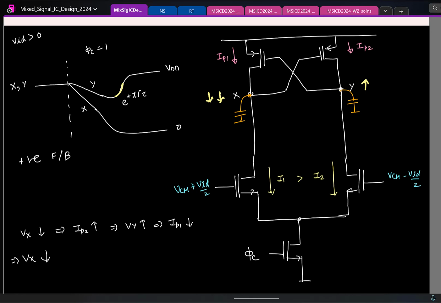And this kind of exponential growth is what we call as regeneration. And one classic way of getting this regeneration is to use positive feedback. Clear?